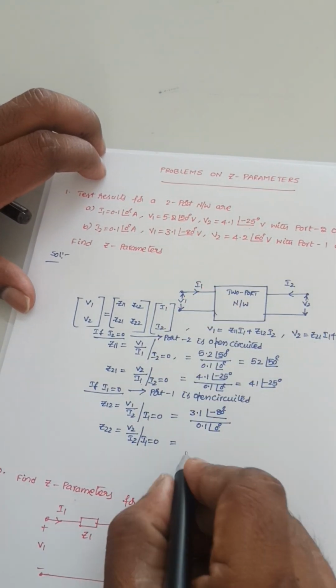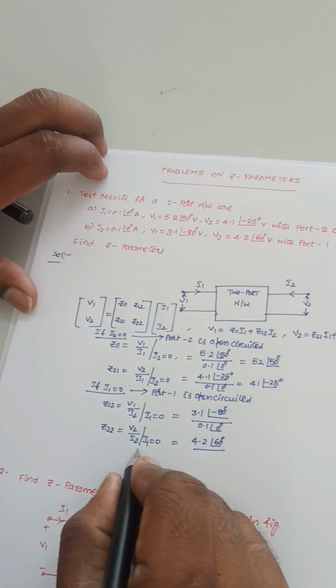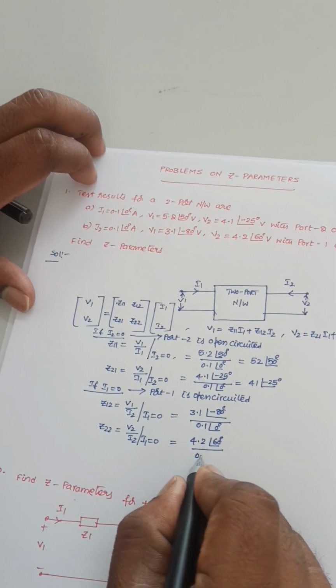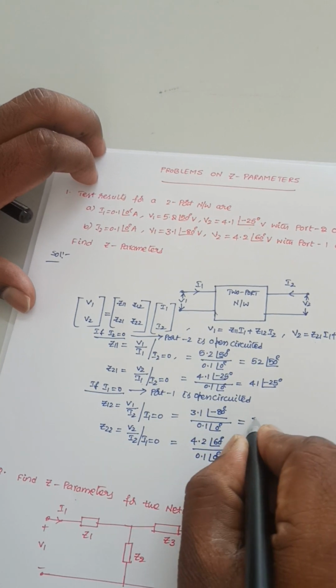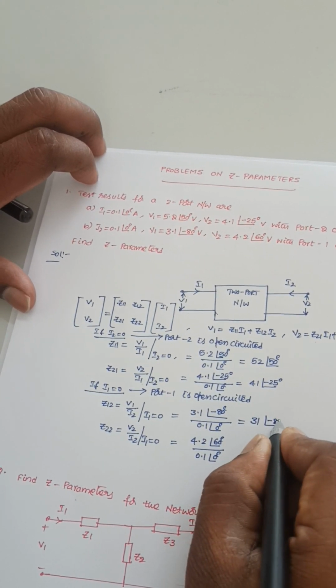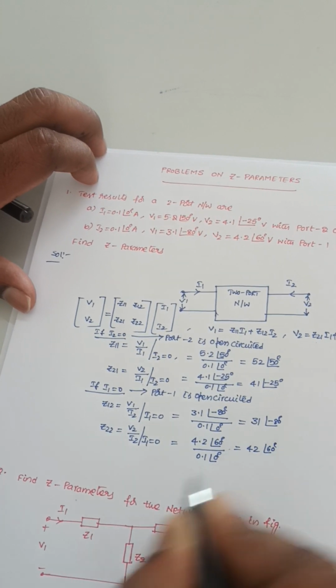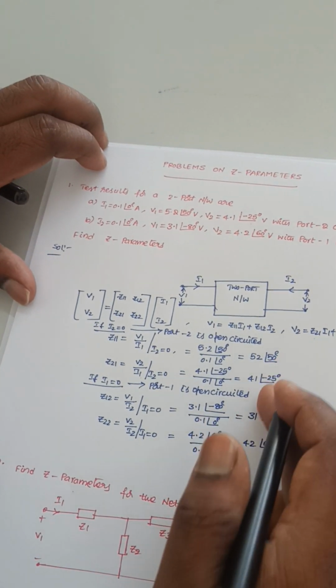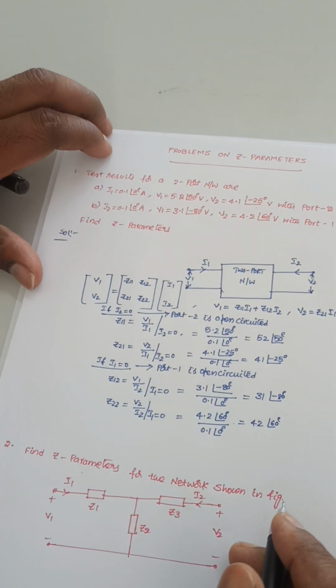V2 is 4.2 at an angle 60 degrees divided by I2, which is 0.1 at an angle 0 degrees. Now I can write this one as 31 at an angle minus 80 degrees, and this one as 42 at an angle 60 degrees. After calculating all these parameters, I am going to write them in matrix form.